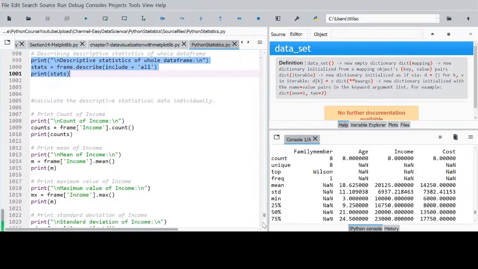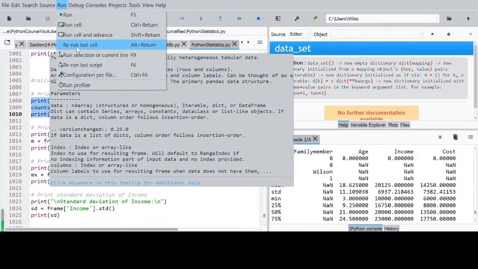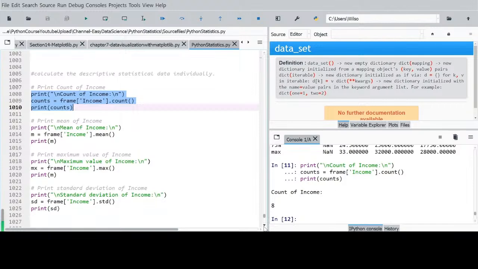You can also calculate the specific descriptive statistics one by one. For example, we can calculate the count of income, using the count function of the income variable. So 8 observations.